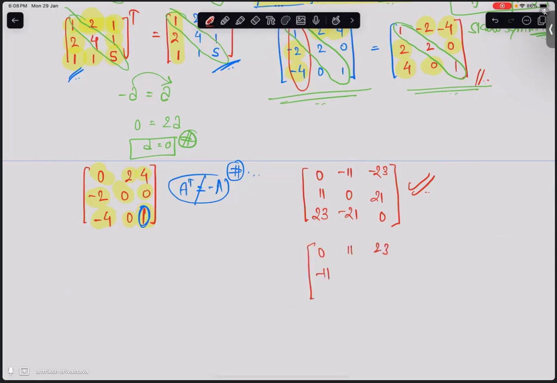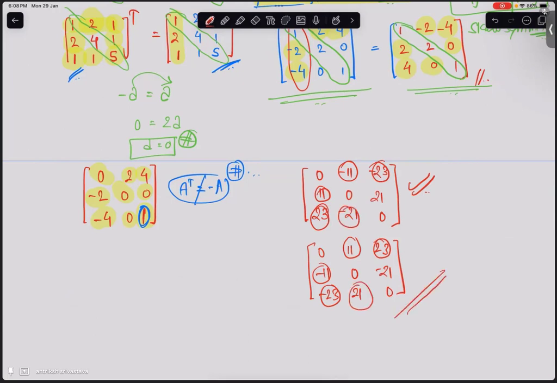If you just do the transpose, you will see all the elements have become the negative of each other, and diagonal elements are 0, correct? So I hope you understand this difference between the skew symmetric and symmetric matrix and what makes the skew symmetric matrix so special. That is, the diagonal elements are always 0. Okay, so that's all for this question.